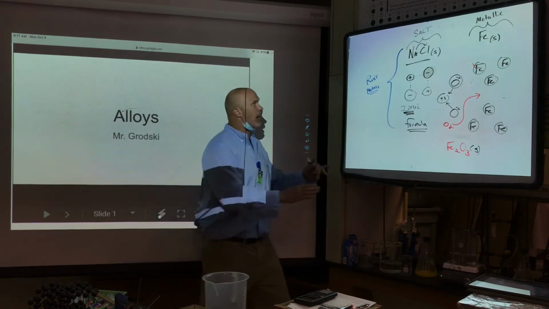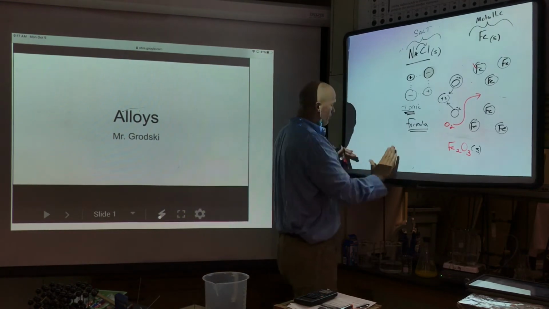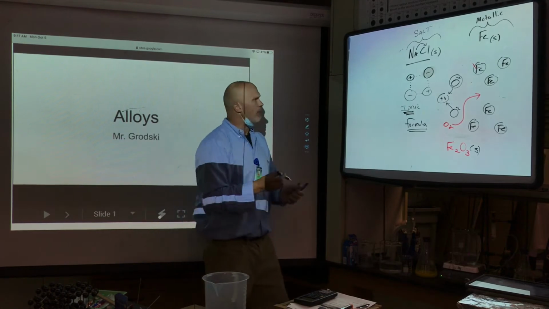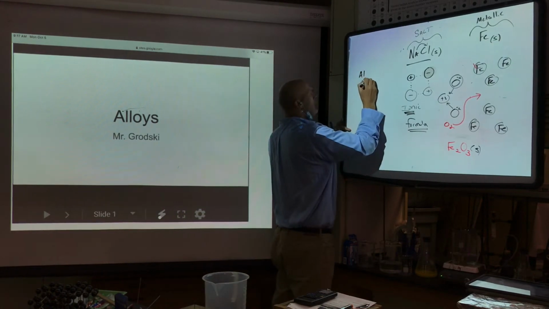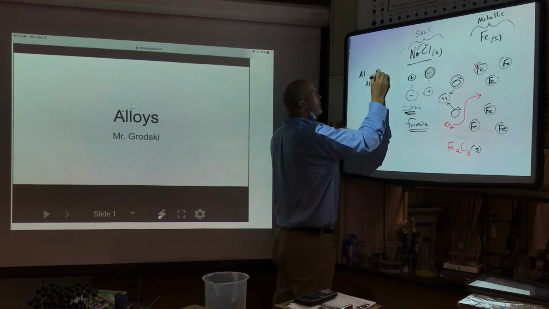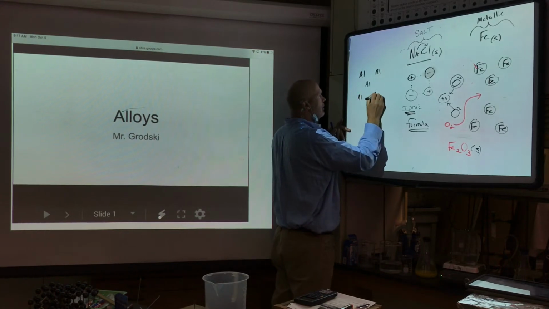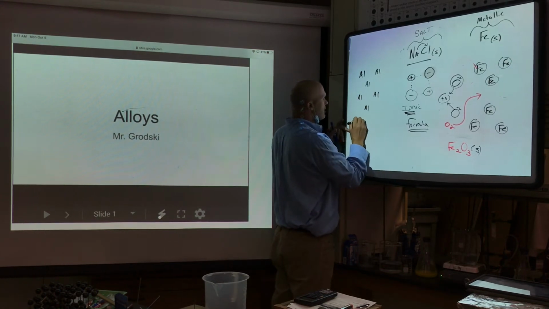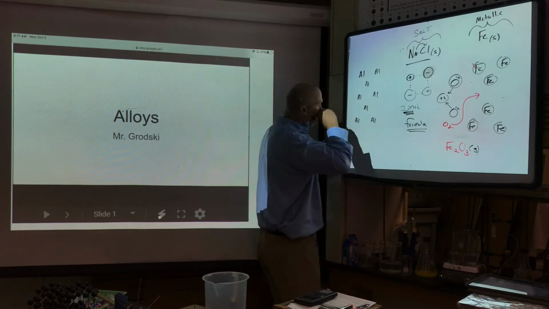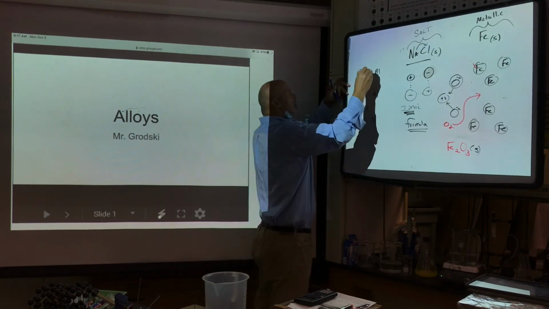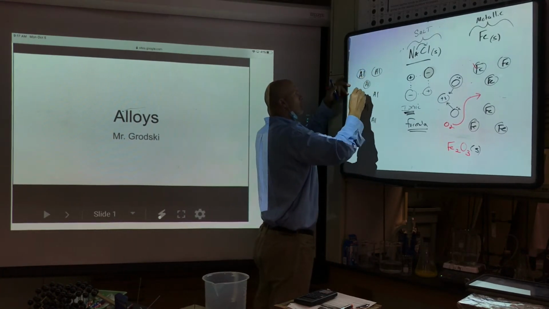Now, if I've got pure aluminum, okay, and again, here's pure aluminum, and I'm also going to just put it into a body-centered, it could be face-centered, and again, it's not important, but there is my metallic crystal of aluminum.